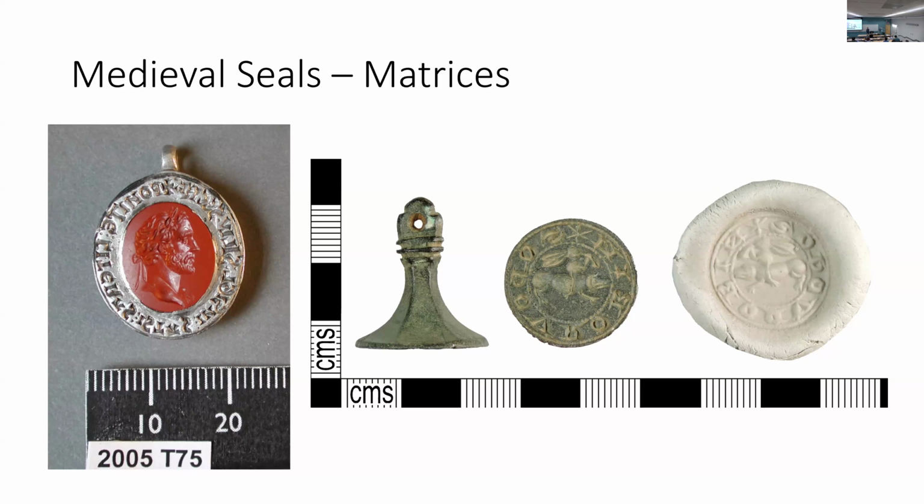And the seal matrices are objects, at least they're treated as objects, and they're artifacts, and they're often in museum collections. So they're often recorded by archaeologists. So the complication is not in the content so much as in the information that surrounds these objects, the information that sets them in a historical context.